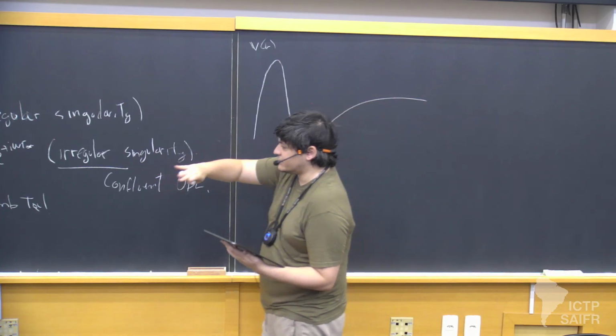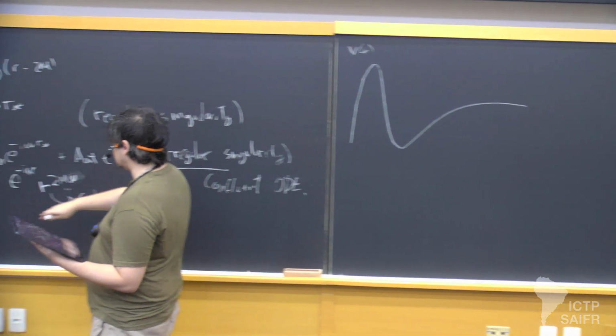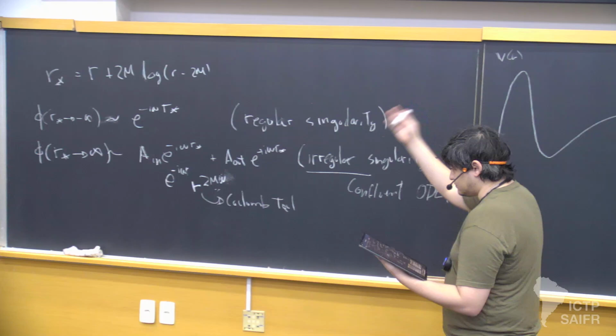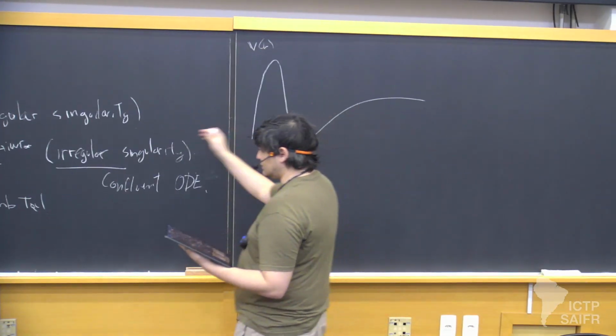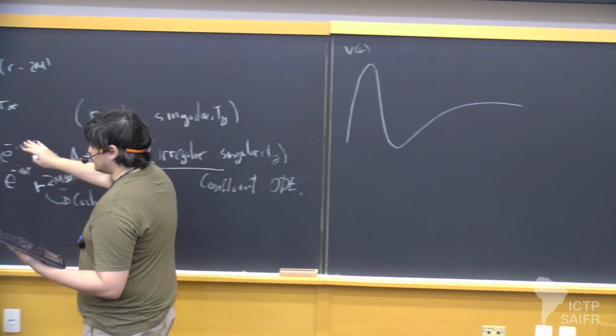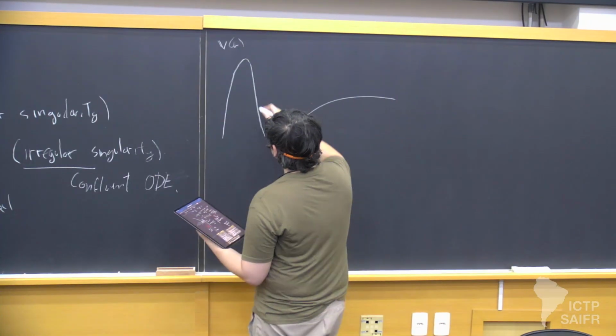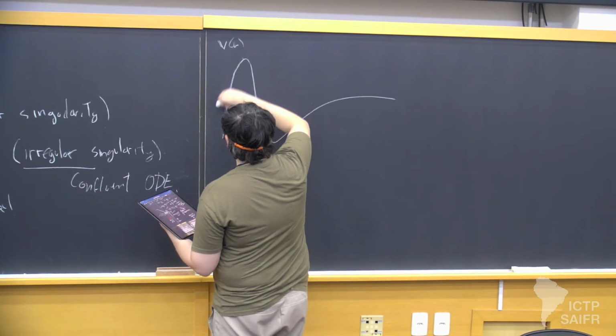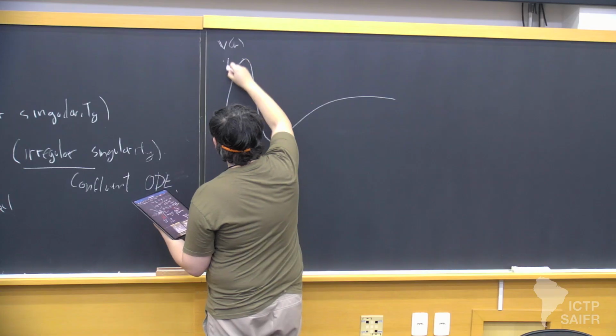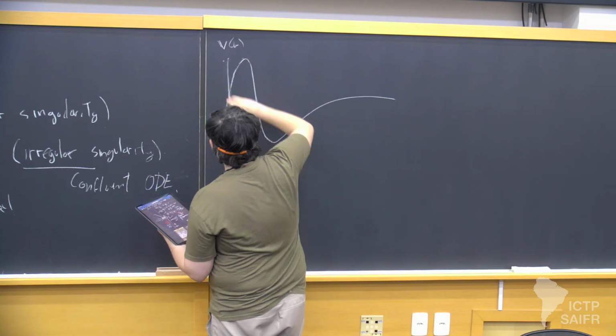Obviously, if you could solve this confluent Heun equation, you wouldn't need to understand what I'm going to do now. But the fact that we cannot solve it analytically tells us that we need to do a little bit more thinking.